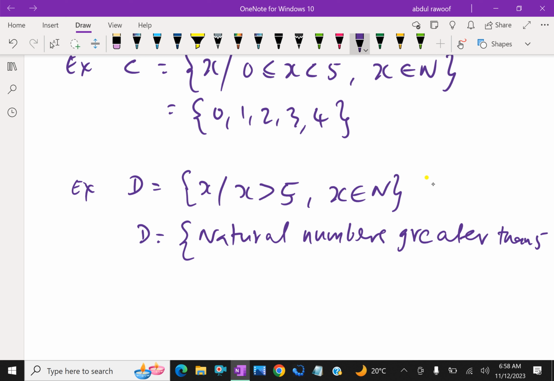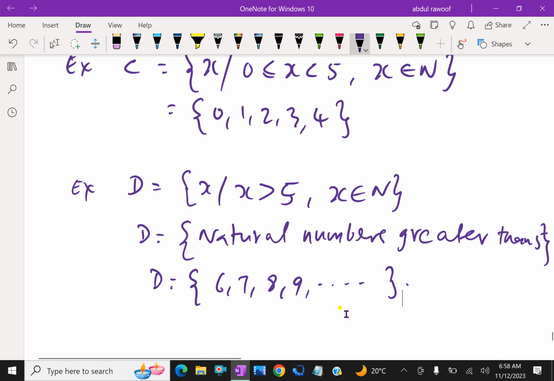Greater than 5 means we can write D is equal to, 5 is not included here, 6, 7, 8, 9 and so on.